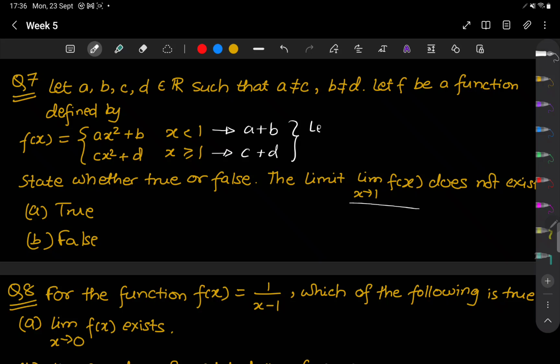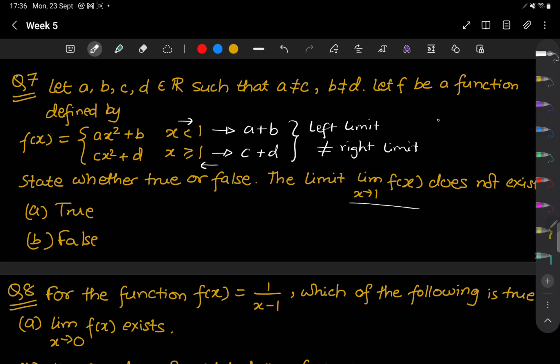The upper one is the left limit, because it approaches 1 from the left side, whereas the other is the right limit, because it approaches 1 from the right side. Left side means smaller than 1 and right side means greater than 1.